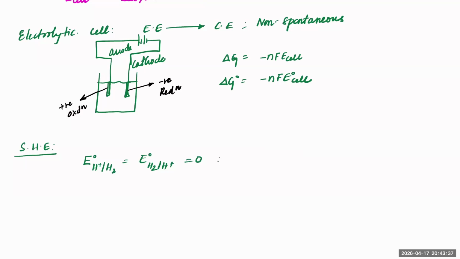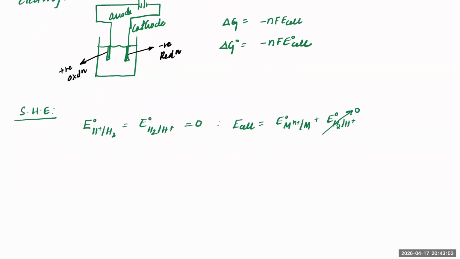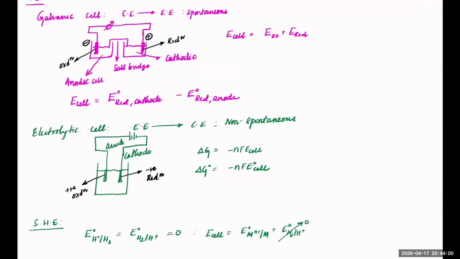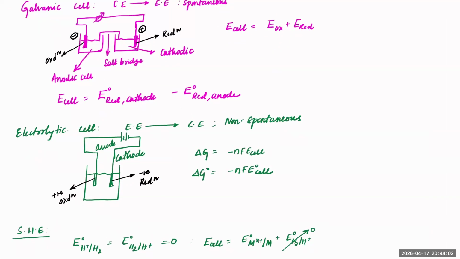Hence, any measurement with respect to E cell will be equal to E naught of, let's say, metal reduction plus E naught of hydrogen oxidation. Since this is zero, whatever the E cell value is, that will become the reduction potential of the metal.